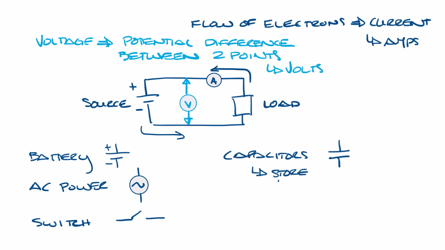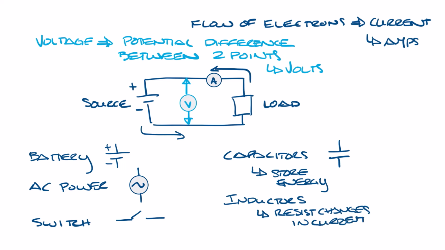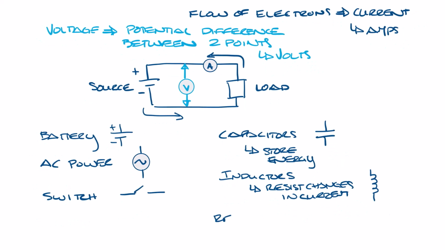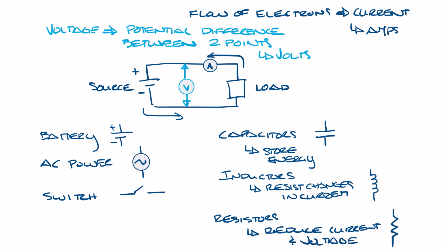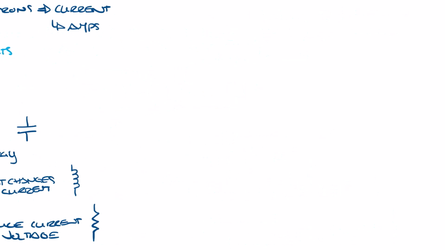They temporarily store electrical energy. Next are inductors, which resist changes in electric current. When current flows, energy is stored in a magnetic field, and they would look like this on diagrams. And then we have resistors. They reduce the current flow and lower the voltage, and they'll look like this.